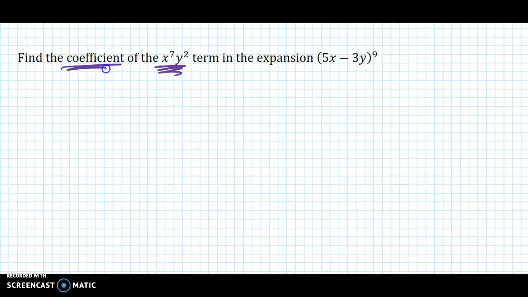And it just asks for the coefficient, keeping in mind that the final coefficient is somehow going to involve the 3 and the 5. So we start at 9. If it's x to the 7th y squared, and we start at 9, 9, 8, 7. So this would be our third term.